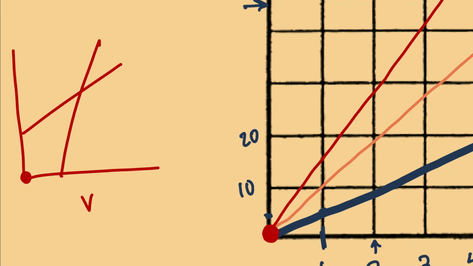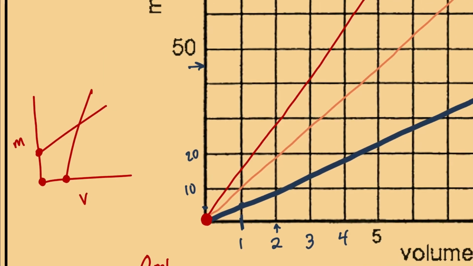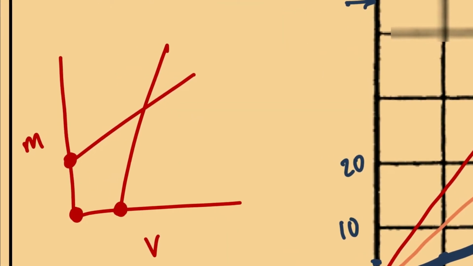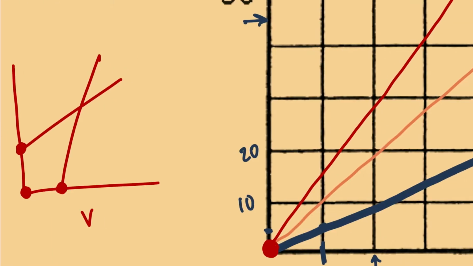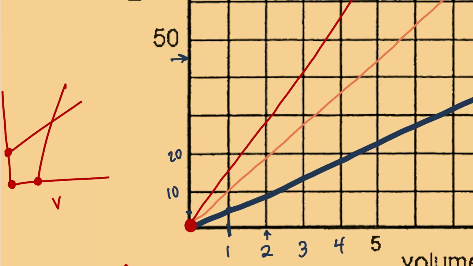We can't have 0 milliliters and some number of grams, or some number of milliliters but 0 grams. It doesn't work that way. So make sure that all of your density graphs always go through the origin at 0, 0. This is wrong. Let's put an X through this.